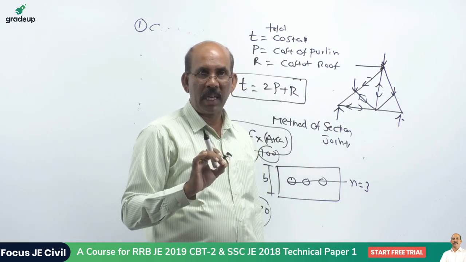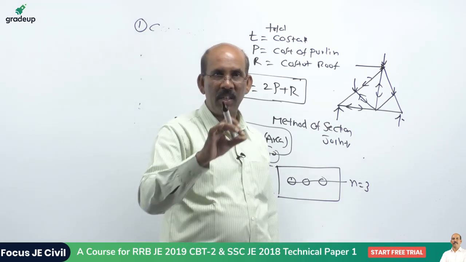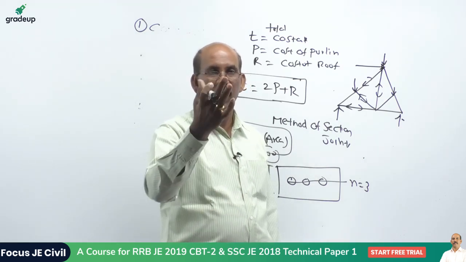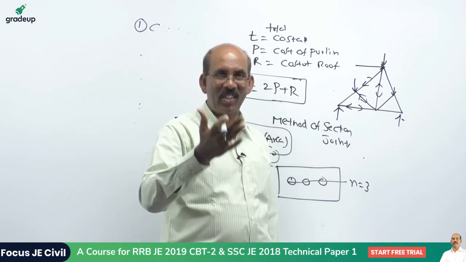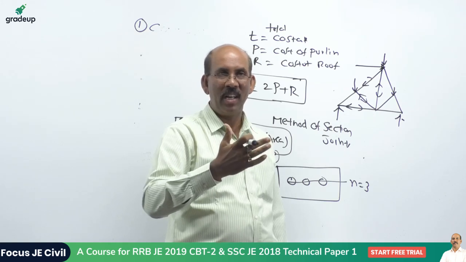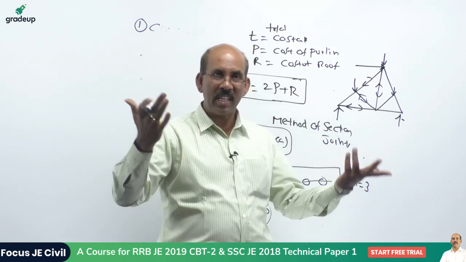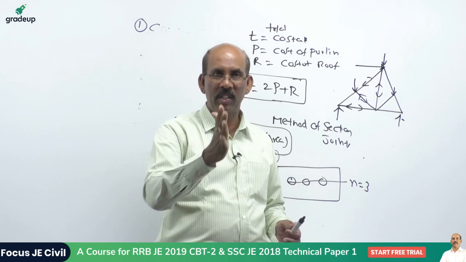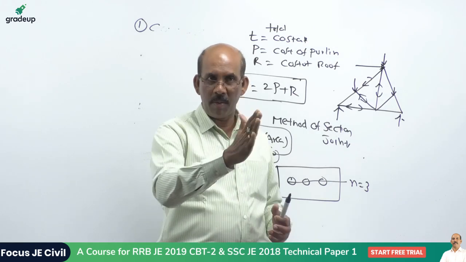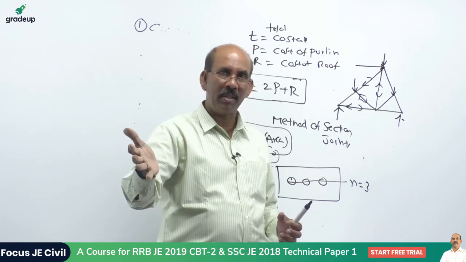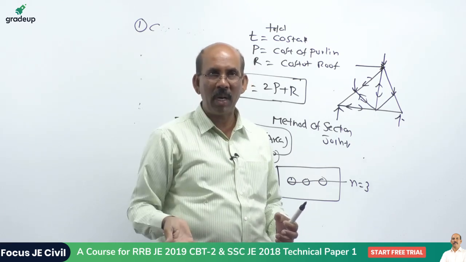So Madan Prakash Jaipalan asks, which method is easy for solving portal frames, sir? It is a very good question. For solving frames and portal frames there are n number of methods, for example the slope deflection method, the moment distribution method, Kani's method, and the column analogy method.